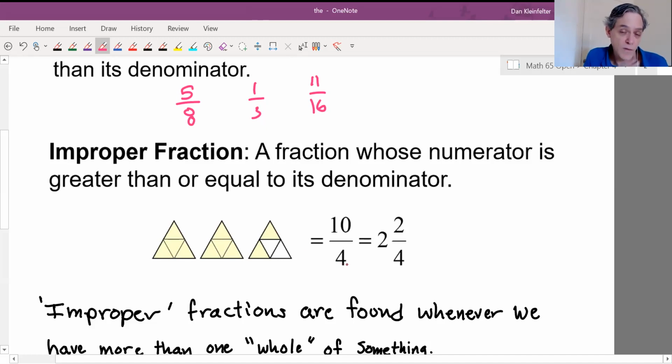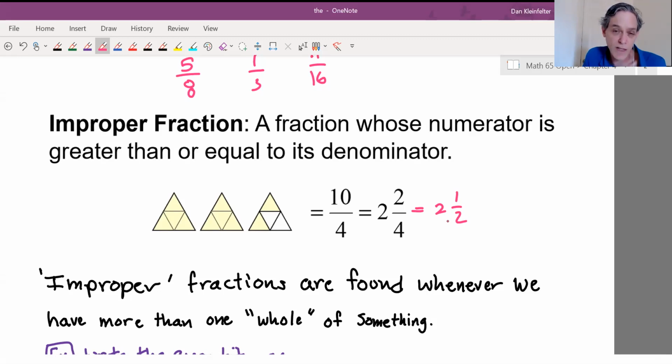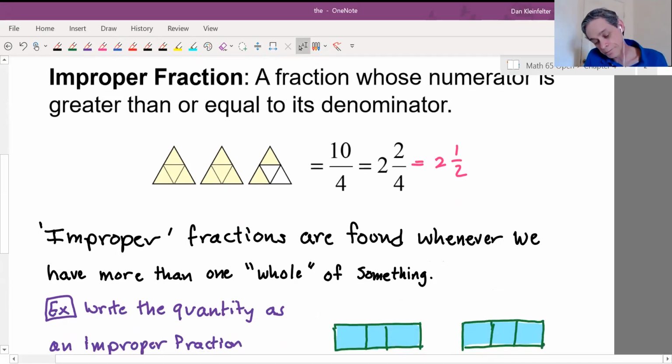Thinking of the problem in terms of fourths, we have 10/4. That's an improper fraction. The 2 2/4, which probably should be simplified to 2 1/2, that is an example of a mixed number. What makes it a mixed number is the fact that we have a value that is partly a whole number, that's the 2, and then partly a fraction, the 1/2.